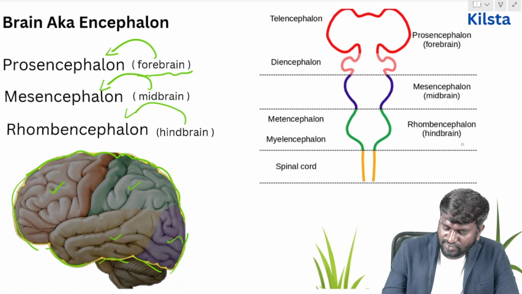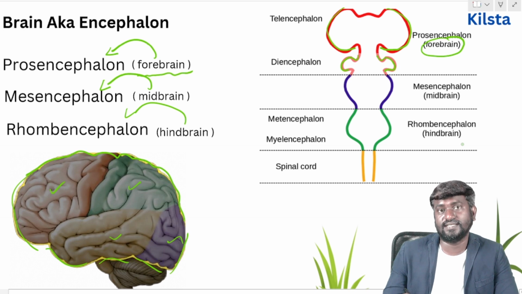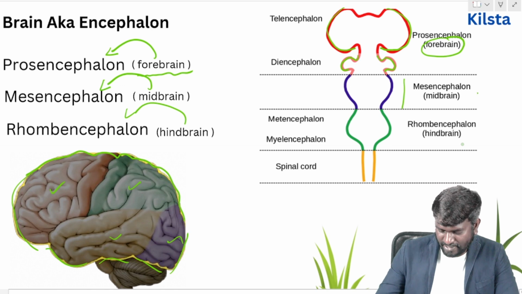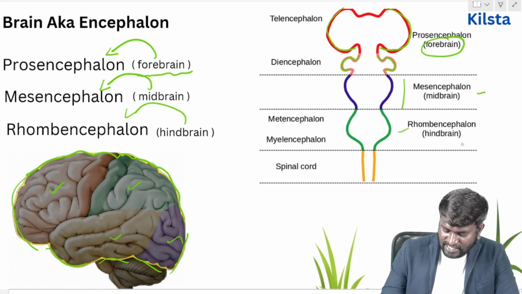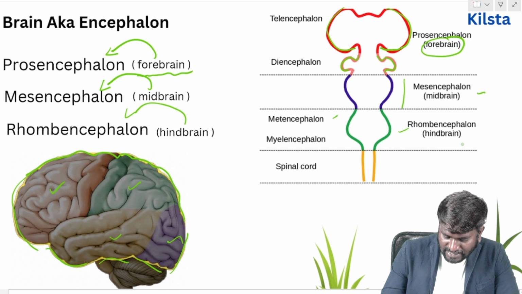The prosencephalon, also called the forebrain, has this region called the telencephalon, and this one is going to be the diencephalon. This is where the third ventricle is located. This region is the mesencephalon, the midbrain, and here we have the rhombencephalon where the fourth ventricle is located, which includes the metencephalon and the myelencephalon.